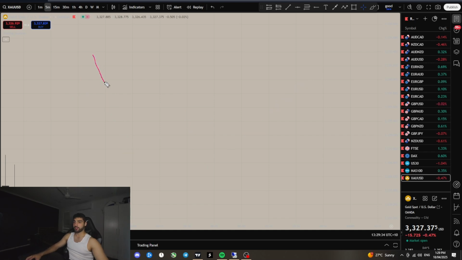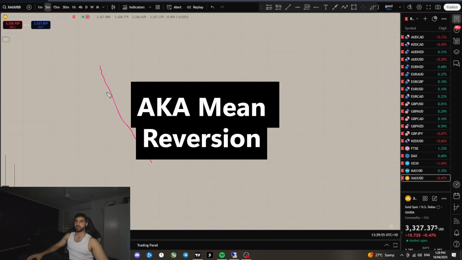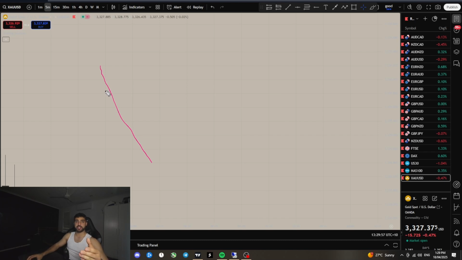As price is stretched down and we start to see the buyers coming into the market by using a moving average, for example, or looking for a break of structure towards the upside, we know that price could be having that snapback that we're expecting. So price starts coming down, we're expecting the snap back up. So what we do is we start averaging into our position because we're expecting this move to happen that historically happens over and over again.